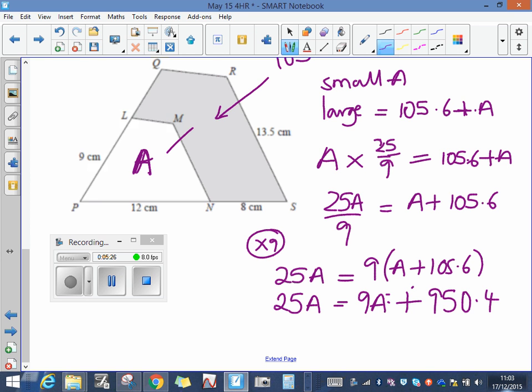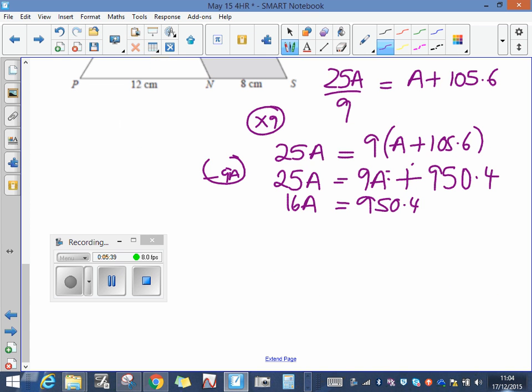Okay, if I collect my A's on one side, then 25A take away 9A, so I'm going to subtract 9A from both sides. I've got now 16A is equal to 950.4, and if I now divide both sides by 16, A comes out as 59.4 centimetres squared. So the area of A is 59.4.